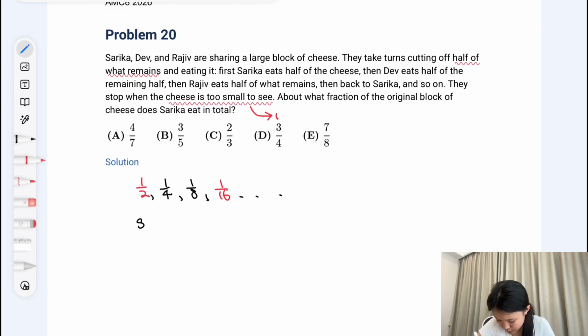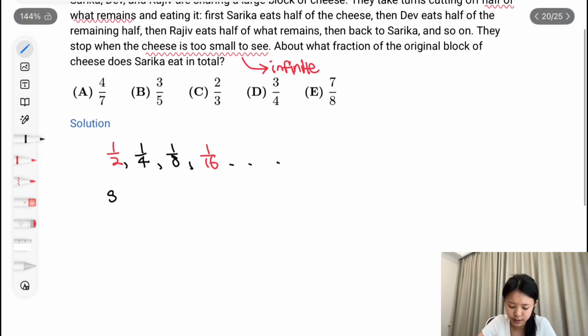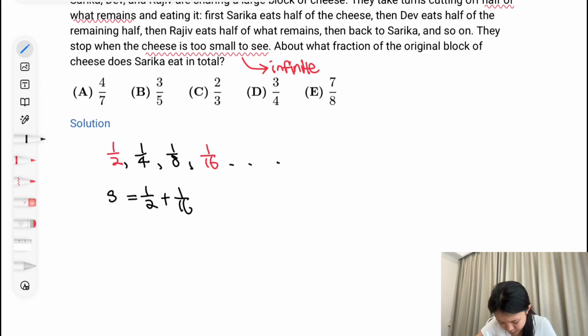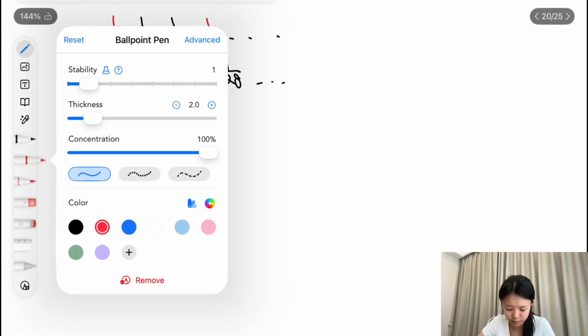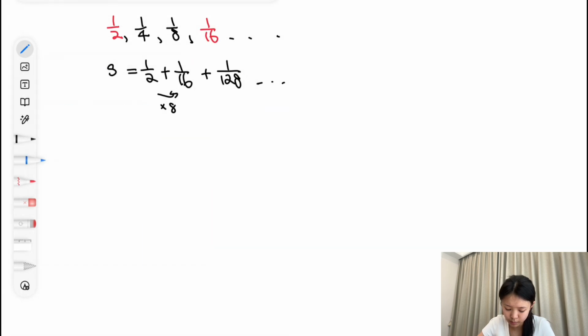What that means is it's an infinite cycle, and they just keep eating cheese. So the sum of how much she eats would be 1/2 plus 1/16, and then probably plus 1/128, since this is times 8, right? And so on. Note here, remember the infinite geometric sum, the sum of an infinite geometric sequence.